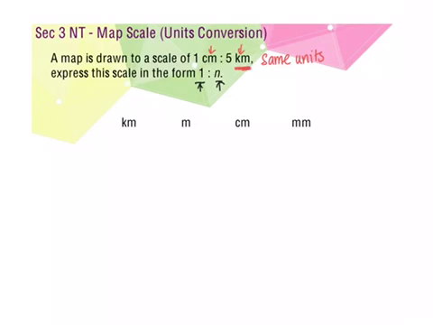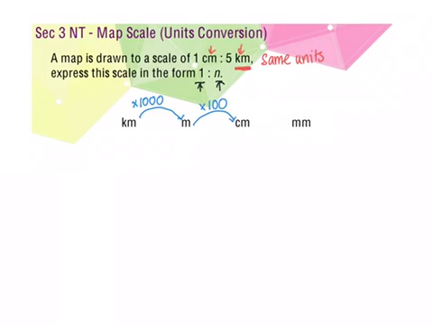How can we do this? Let's take a look. Now, 1 kilometer itself is actually 1,000 meters. So to change from kilometer to meter, I need to multiply by 1,000. From meter to cm, 1 meter is actually 100 cm, so I'll need to multiply by 100.